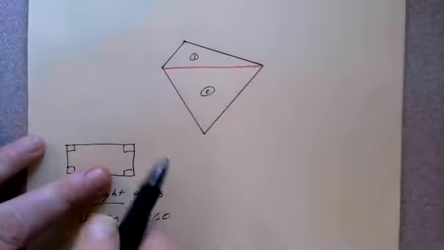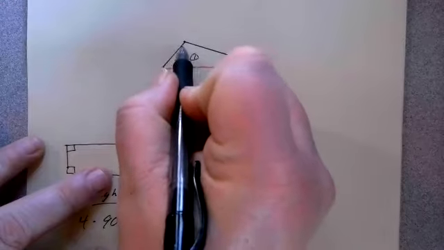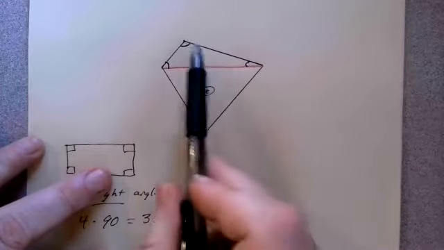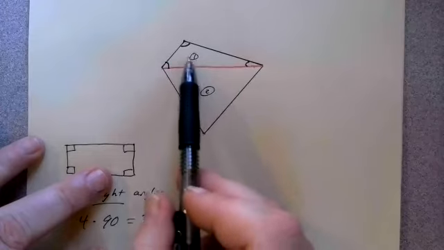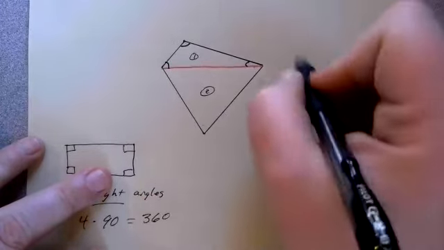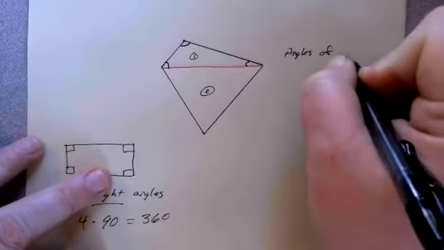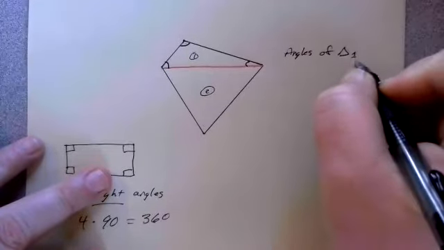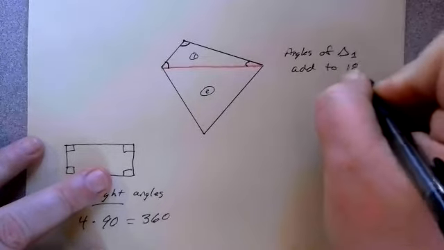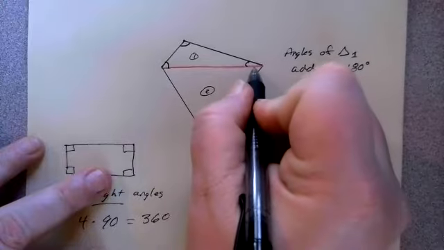And what we could say about these two triangles is that we have this angle, and this angle. So these three angles of this triangle, we know this triangle is going to add up to 180, right? So the angles of triangle 1 add to 180 degrees.